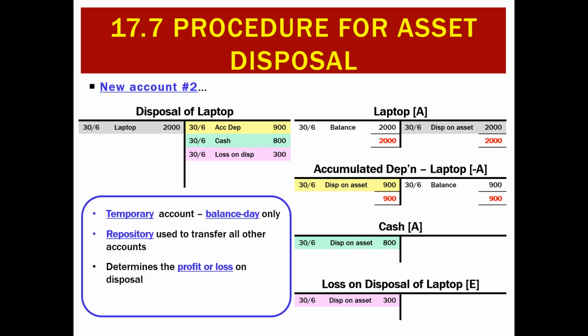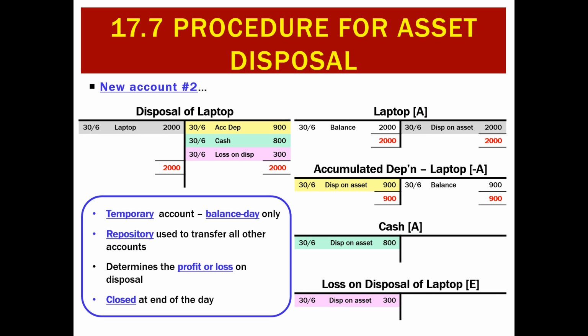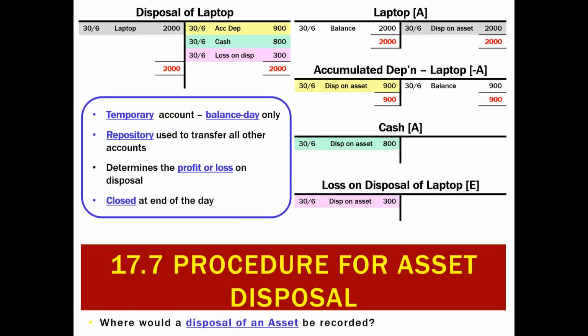So what we'll see is at the end of the day, this disposal of laptop account will actually balance to zero. It shouldn't exist tomorrow, and that's its sole purpose. It exists purely to get rid of the balances from all these accounts. But at the end of the day, it shouldn't actually continue in the next period, so we should shut it down and make sure it balances to zero.